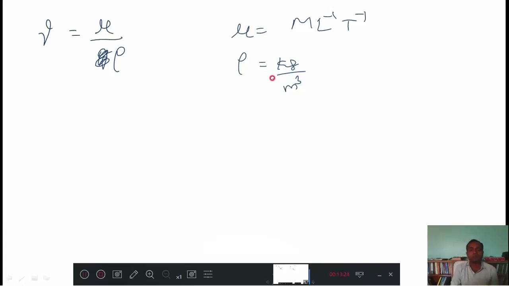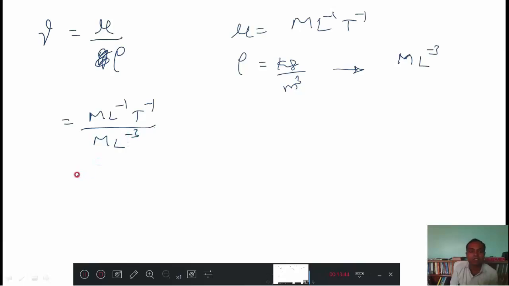Therefore the rho dimensions are m L minus 3. Therefore if you write here, that is dynamic viscosity m L raised to minus 1 T raised to minus 1 divided by m L raised to minus 3. Then m cancelled, and L 1 cancelled.